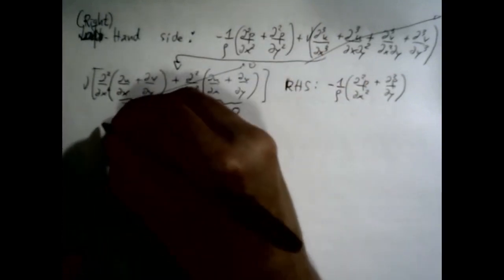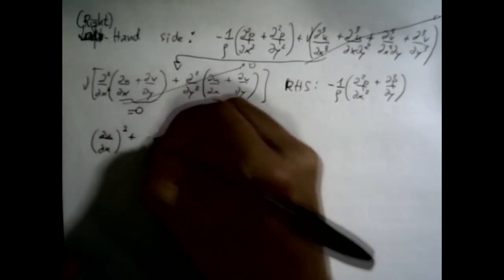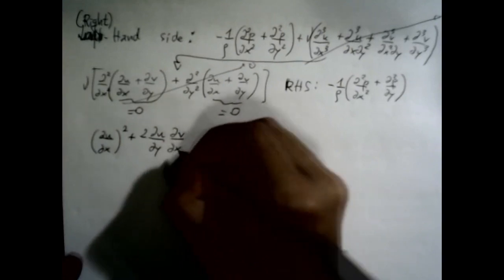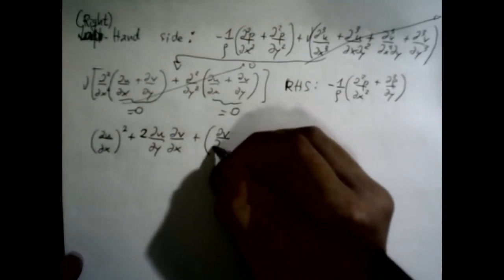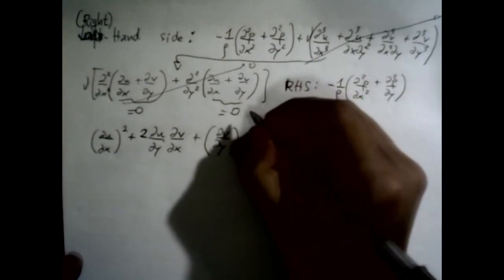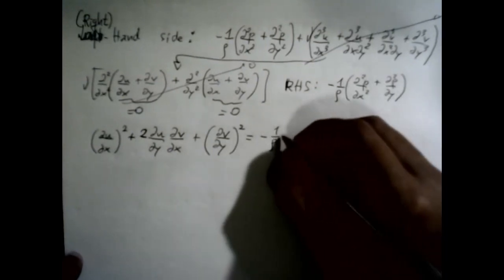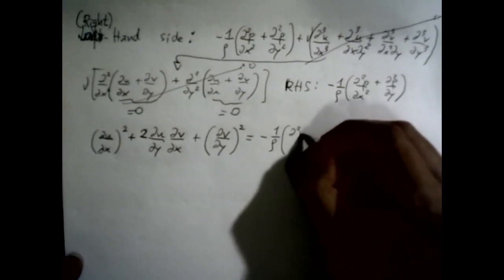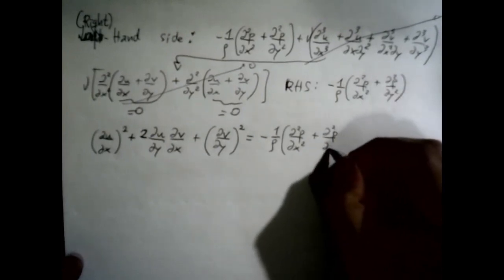So putting all together, we arrive at the following. Here we have du dx squared plus 2 plus dv dy squared, which will be equal to minus inverse of the density, dp dx plus dp dy squared.